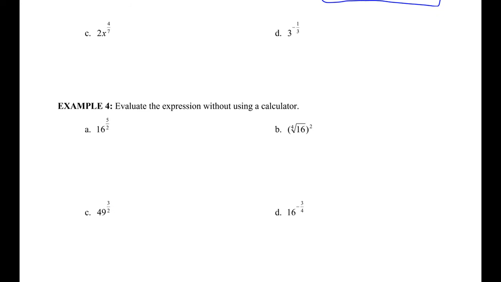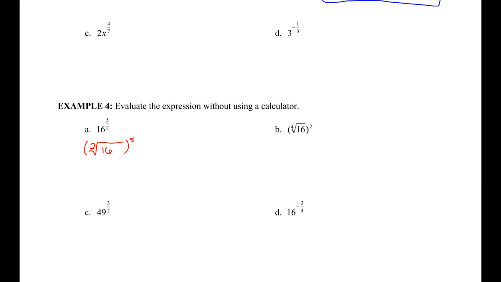Example 4 asks us to evaluate the expression without using a calculator. So first, it might be easier for you to look at it in the other form. So for the first one, I'm going to change this to be radical notation. So that's the square root of 16 raised to the power of 5.